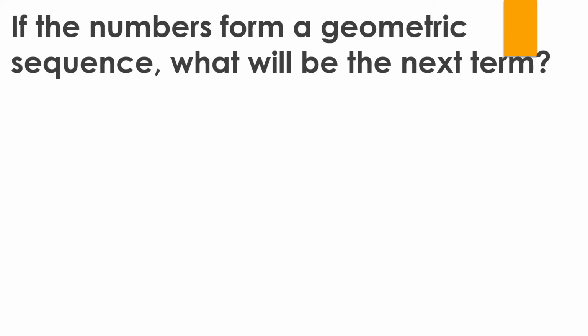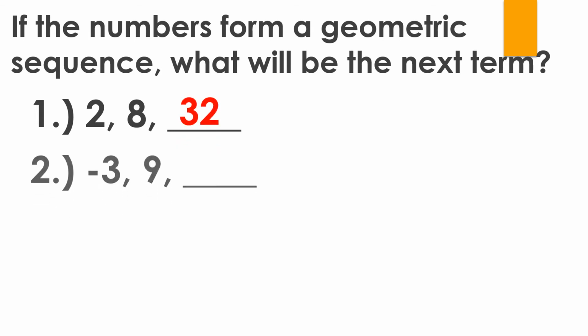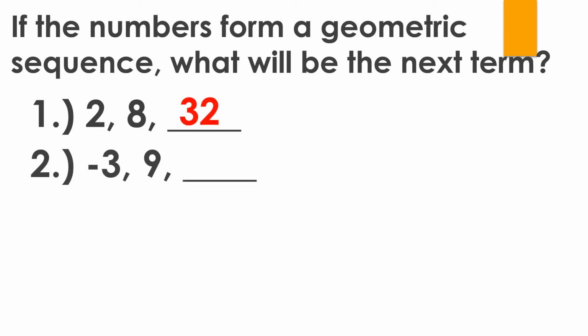If the numbers form a geometric sequence, what will be the next term? So we multiply each term by 4. 2 times 4, we have 8, times 4, that is 32. Next we have negative 3, 9.